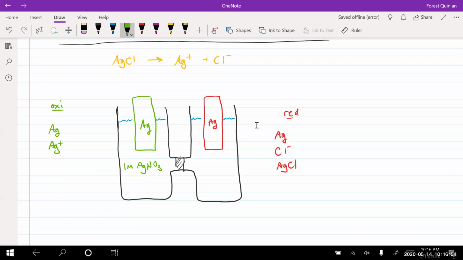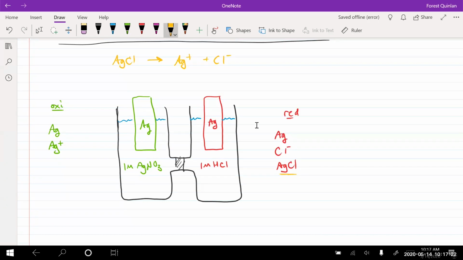Okay, on the other side, while it may not be intuitive, I'm going to go ahead and do 1 molar HCl to get the chloride into solution. Now, the next trick here is the AgCl. How does that work? There are 2 ways to get the silver chloride into solution.